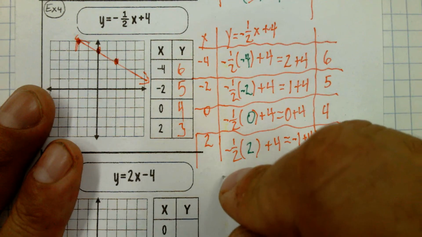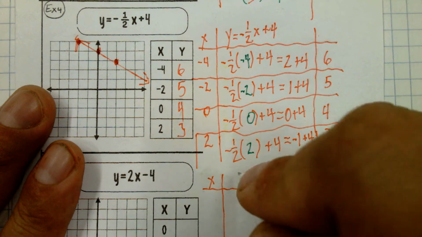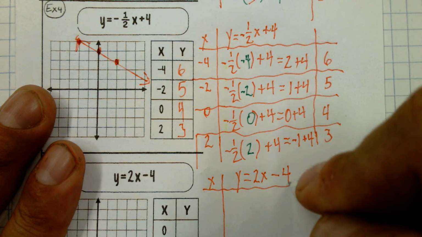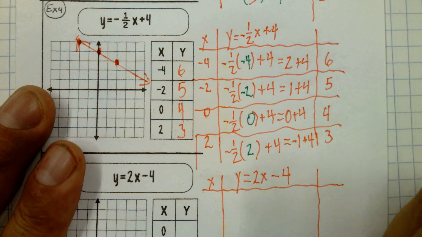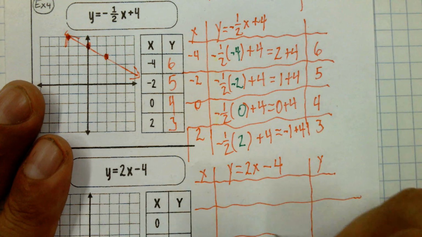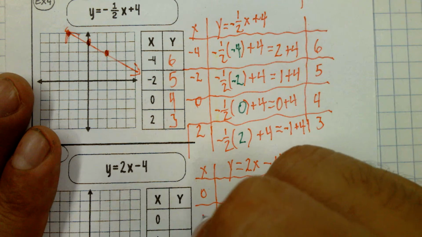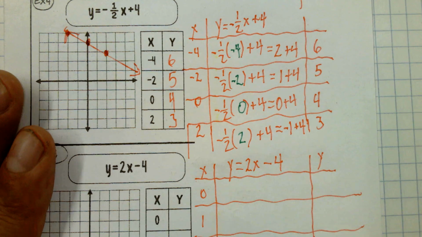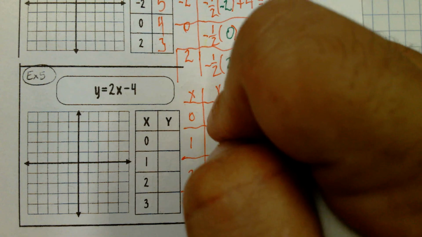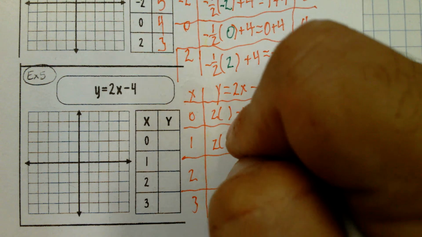So let's go ahead and make our table, and we're doing 0, 1, 2, 3. Okay? And it's 2 times x minus 4. 2 times x minus 4 on all of them.